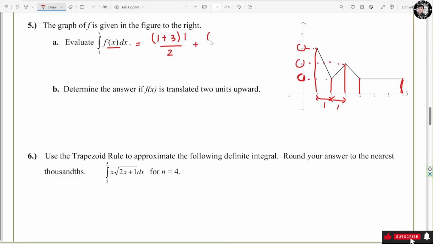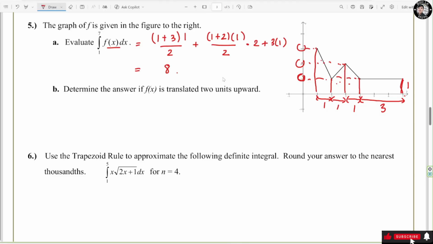So it could be plus 1 plus 2 times 1 divided by 2. The third one, the height is 1. The bases are still 1 right here, and 2 right here, right? So this guy and this guy are technically the same, so I just multiply by 2. And the last one, the length is 7 subtract 4, which is 3. The width is going to be 1, right? So it could be plus 3 times 1, right? So if you simplify, the answer must be 8.